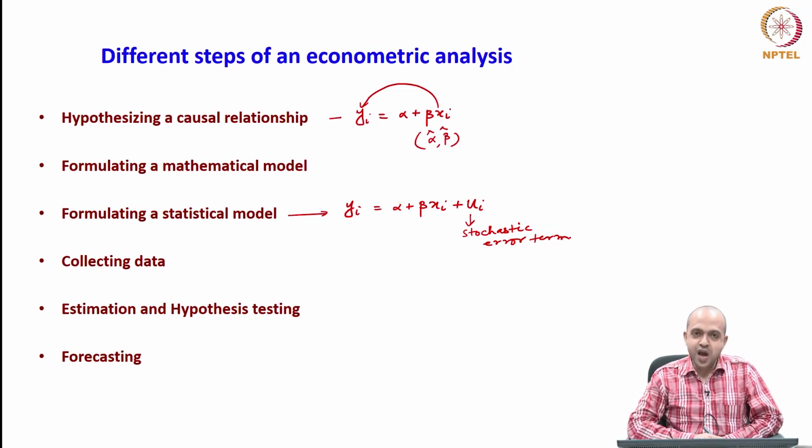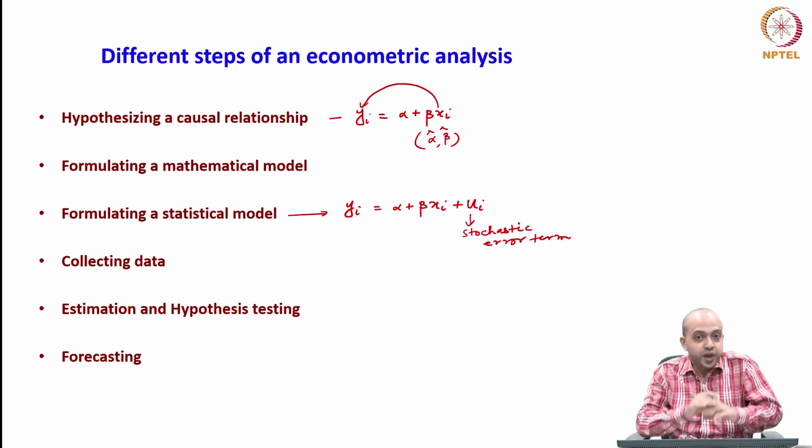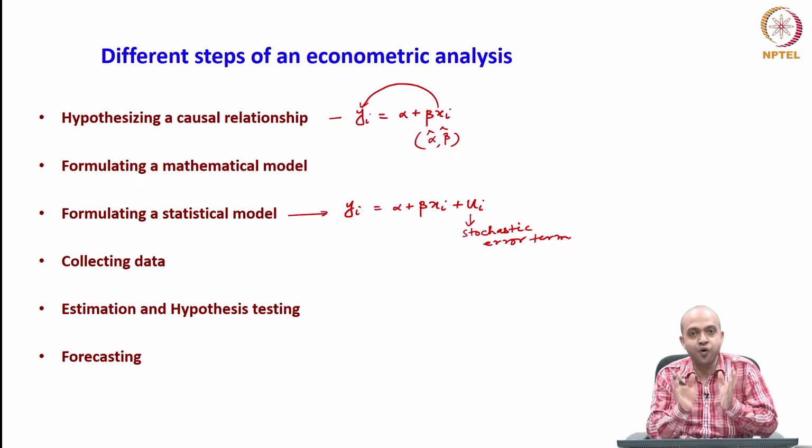The moment you add the error term, your mathematical model becomes a statistical one, and the journey of econometric analysis starts from here. So, the entire econometric analysis evolves around this stochastic error term.